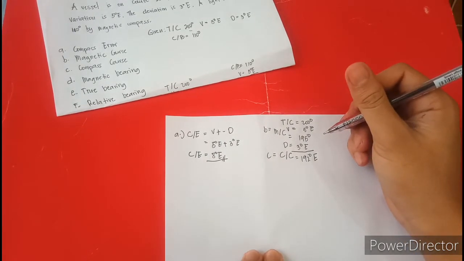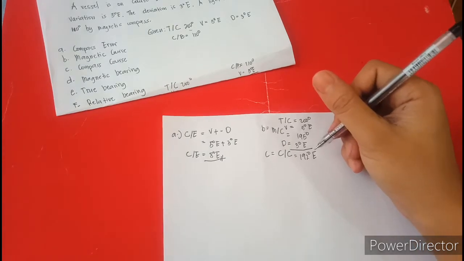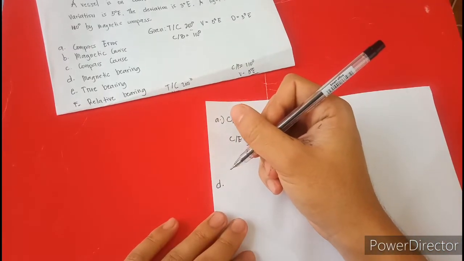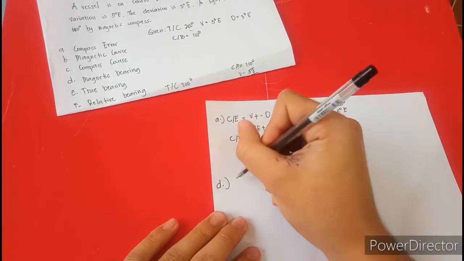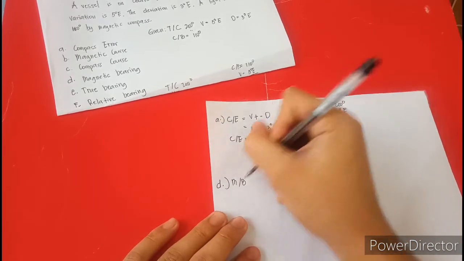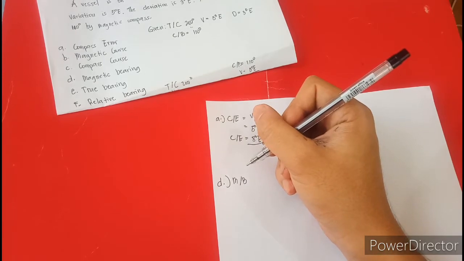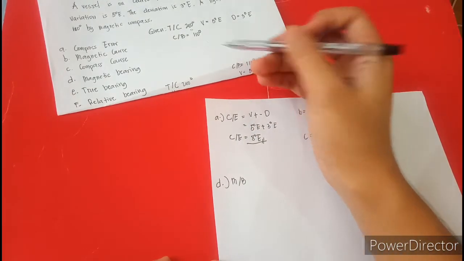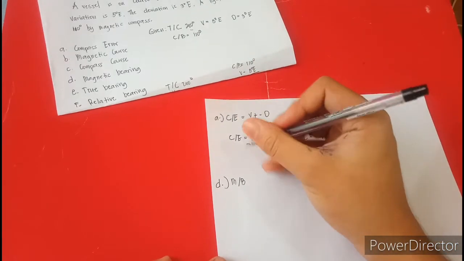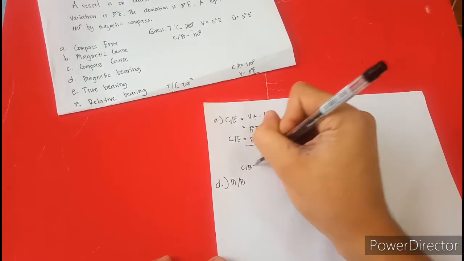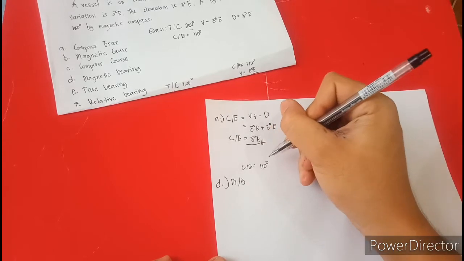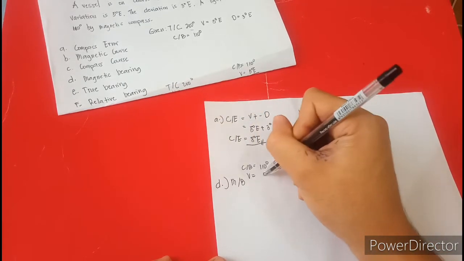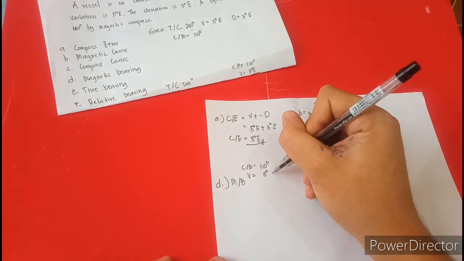Next, we're going to solve for the magnetic bearing. In solving for the magnetic bearing, we use the compass bearing, which is 110 degrees, and the variation, 5 degrees east.